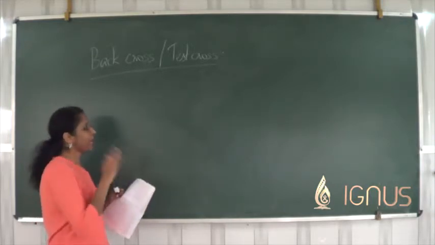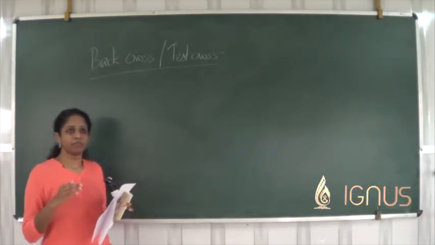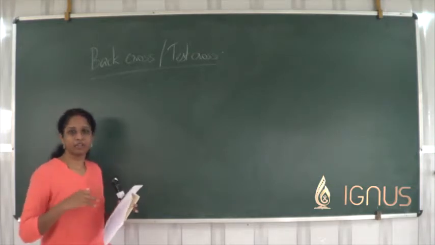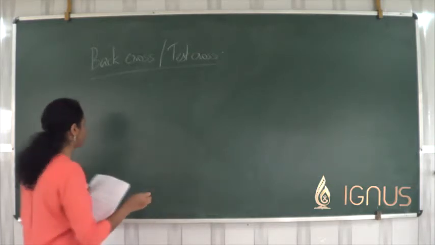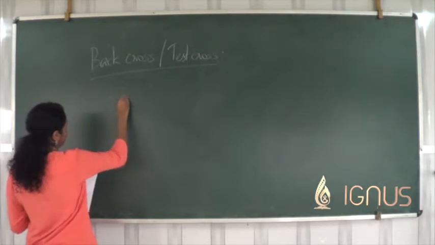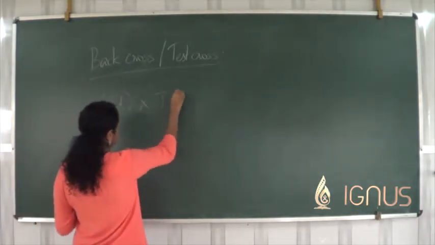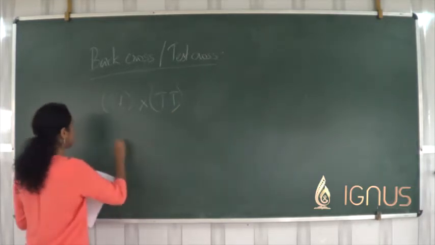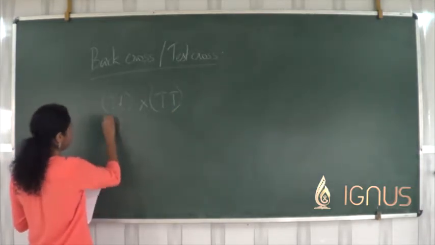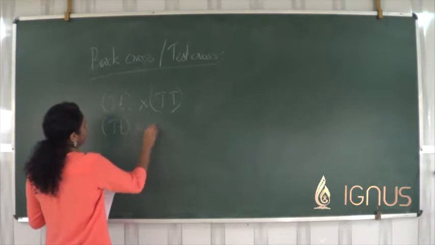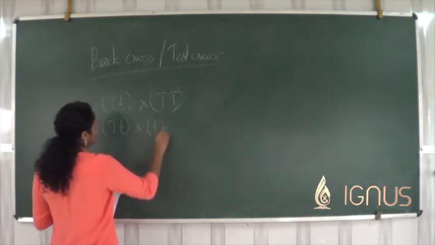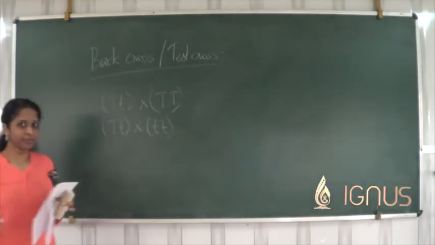Okay, and backcross can happen with any kind of genotype. So you can cross a heterozygous tall plant with a homozygous tall plant, or you can cross a heterozygous tall plant with a homozygous dwarf plant.